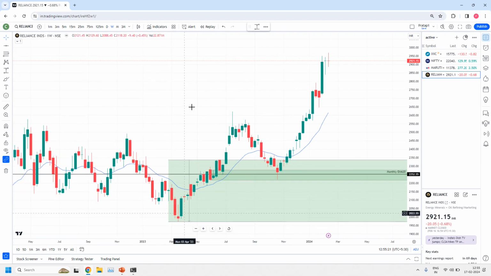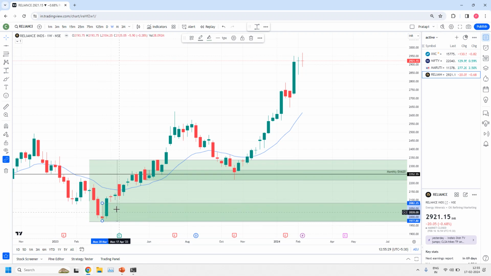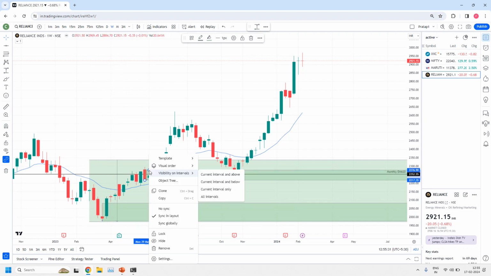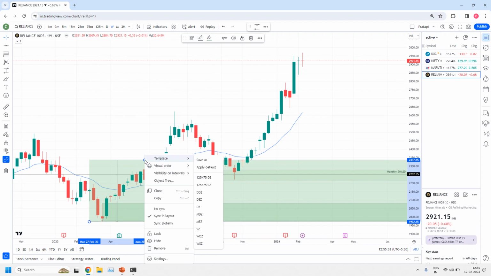Suppose if you draw a zone here, drop base rally. Now look into this monthly zone. Let me change the colors.